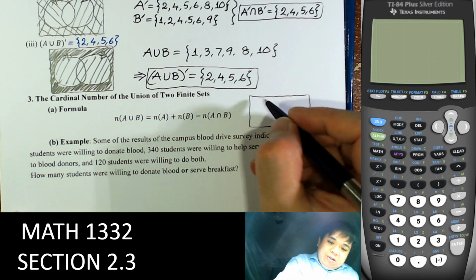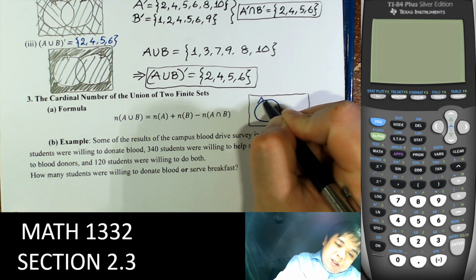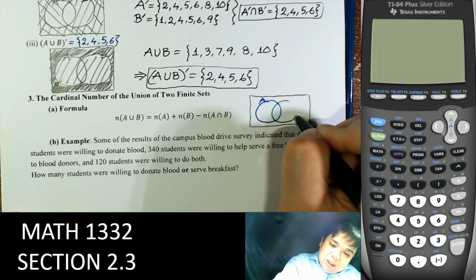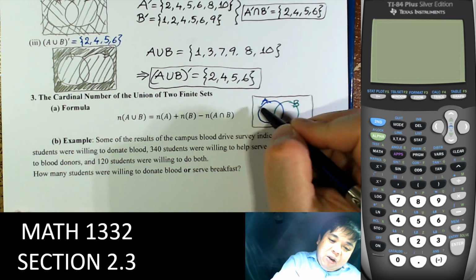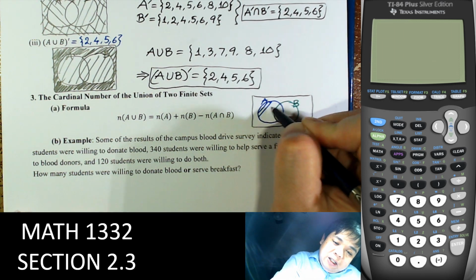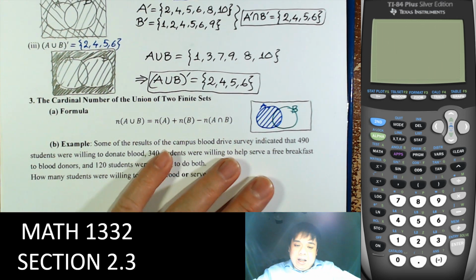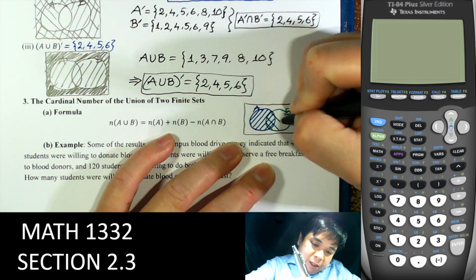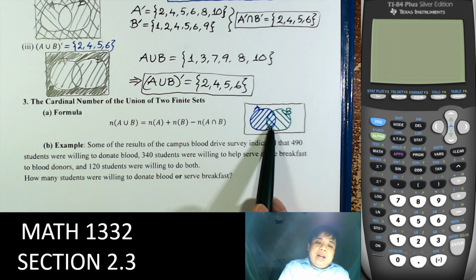So say we have the set A here, and then the set B. Now pay attention here. If we count everything in A, we mark that for A, and then we mark it for B. So that is the union.